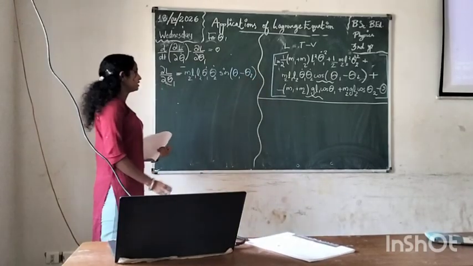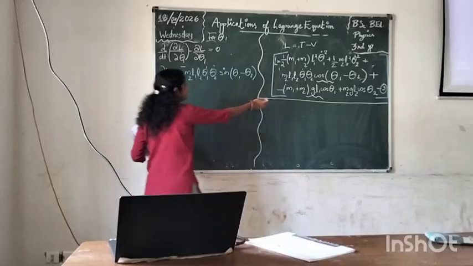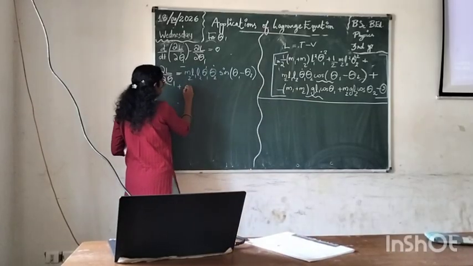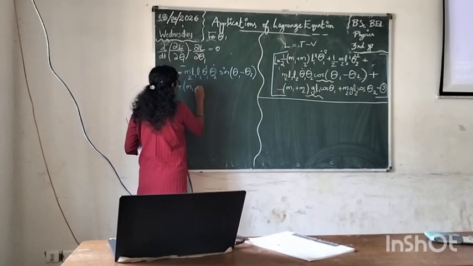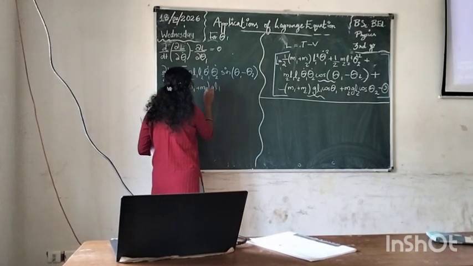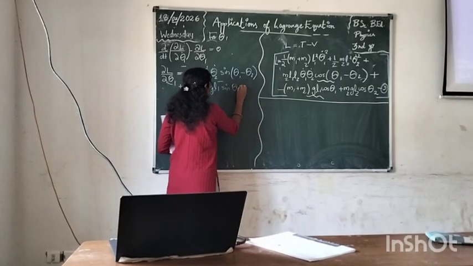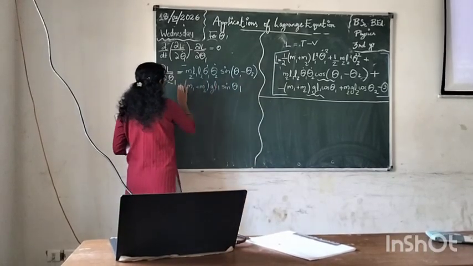So this is the derivative with respect to theta 1 for that term. Plus (m1 plus m2) g L1 into minus sin theta 1. So this minus I will be writing here.